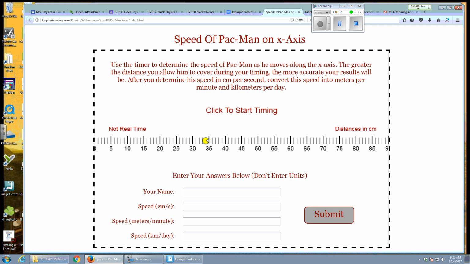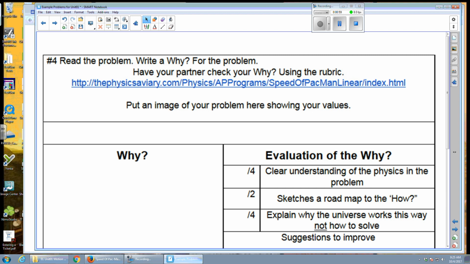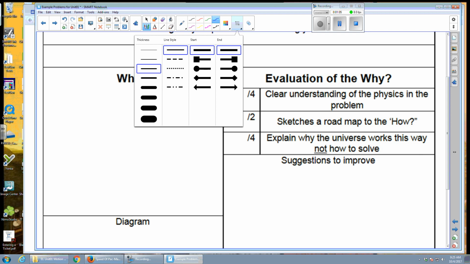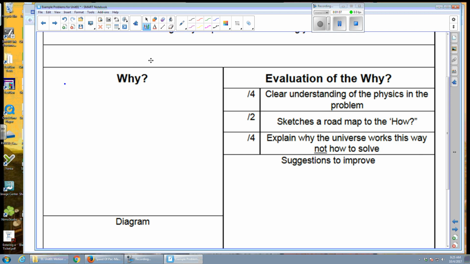So in our Y for this, we would want to make sure we show that we understand the difference between speed and velocity, right? So speed is the rate distance changes.